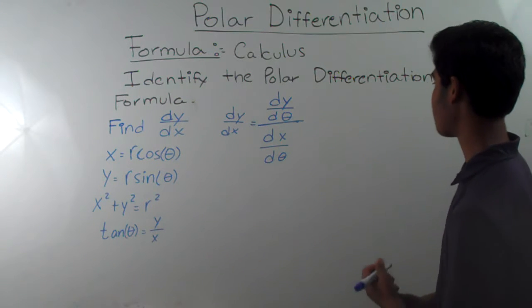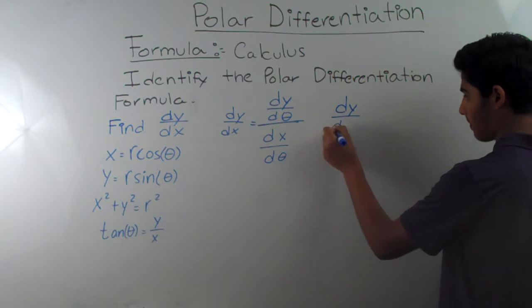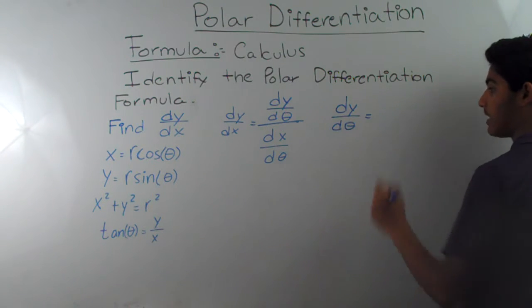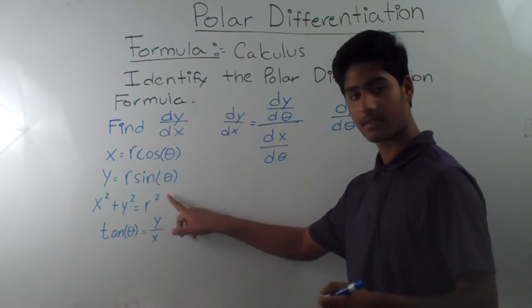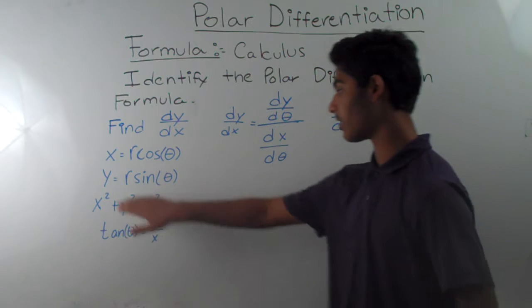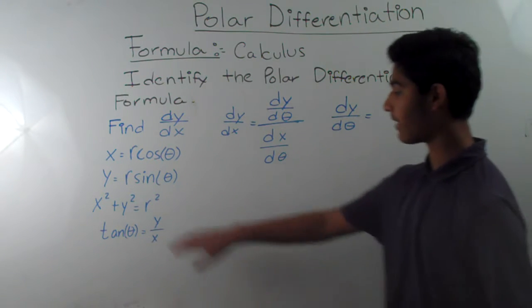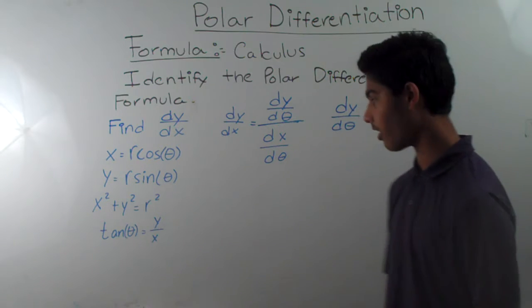So let's do this. dy/d theta is equal to the derivative of this. This is implicit differentiation because we have an r here, and we're not differentiating in terms of r.